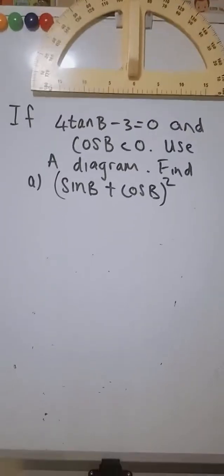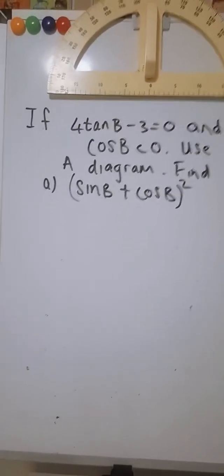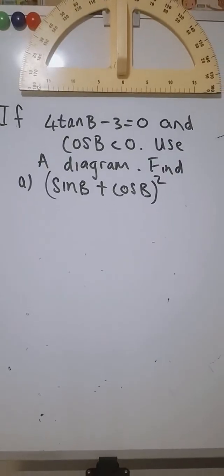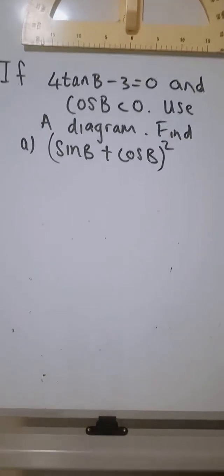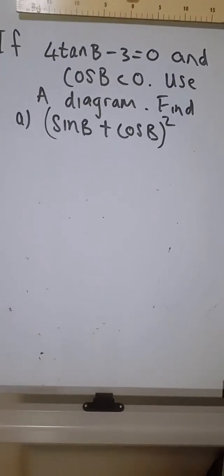So this one is saying: if 4 tan b minus 3 is equal to 0 and cos b is less than 0, use a diagram to find sin b plus cos b, the whole thing squared.